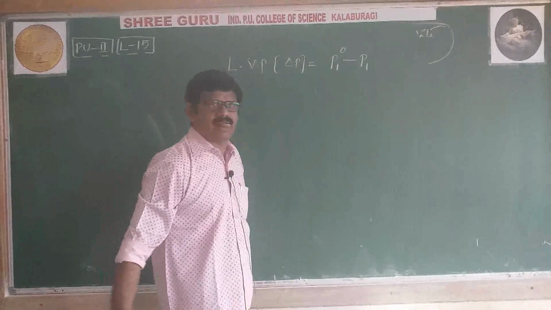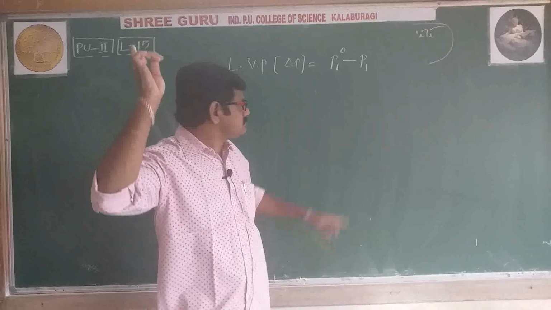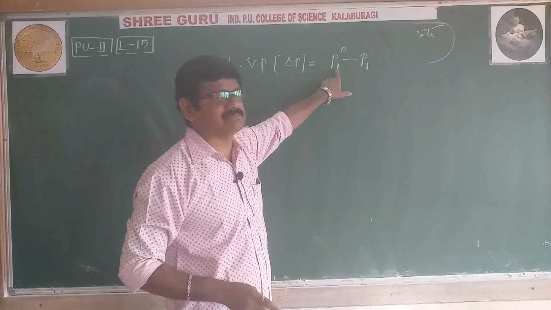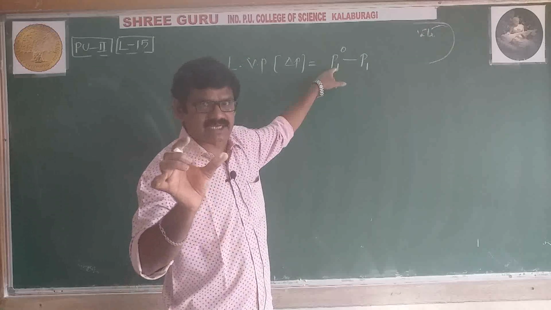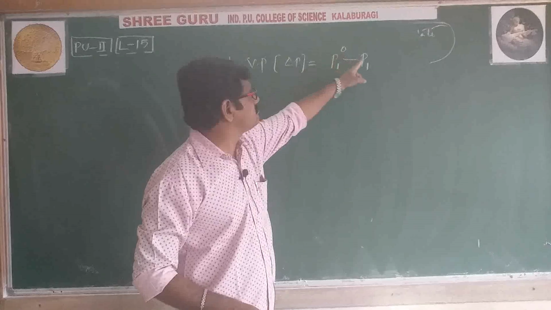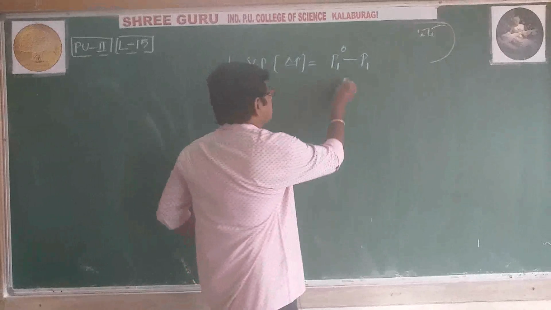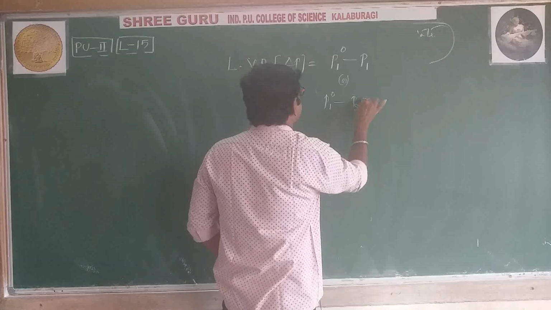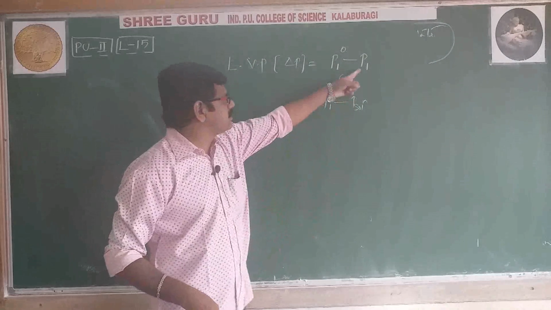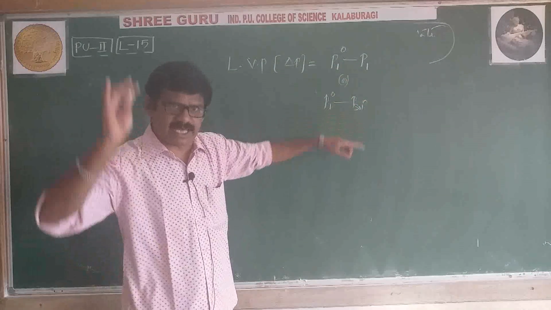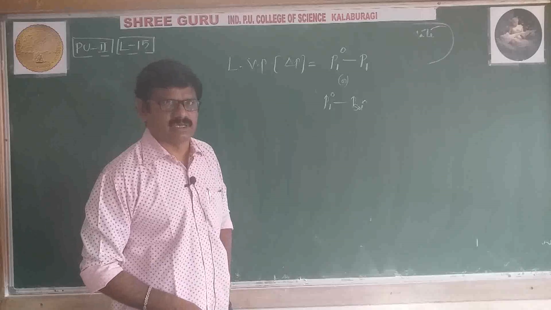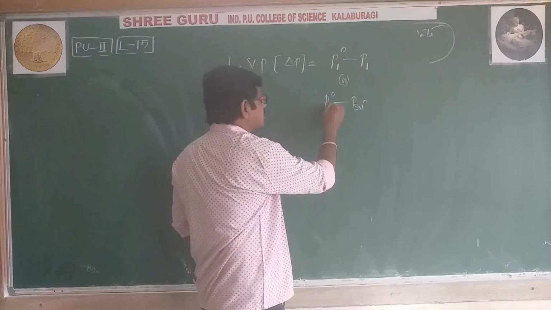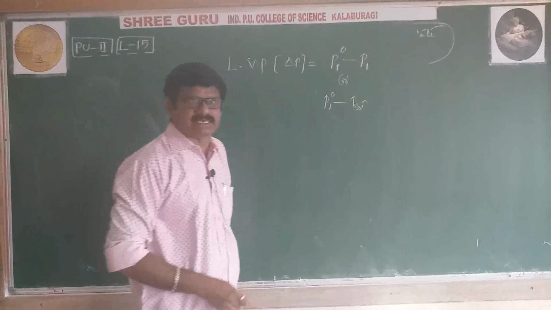In the videos I think I missed this one symbol, but please remember it is P1 naught minus P1, or P1 naught minus P solution also we can take. I explained the link in our previous videos. Here I think I missed it, so please make the correction.